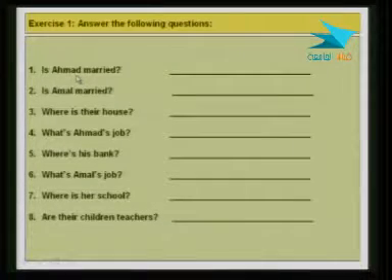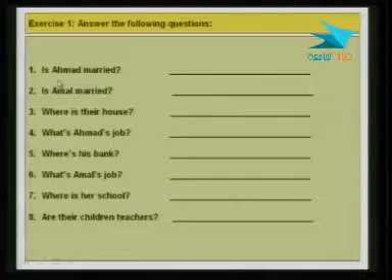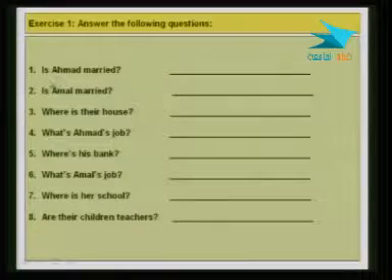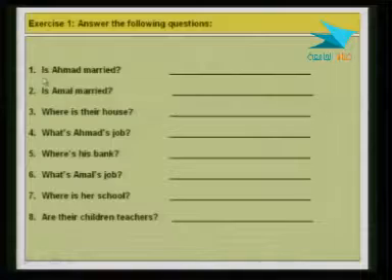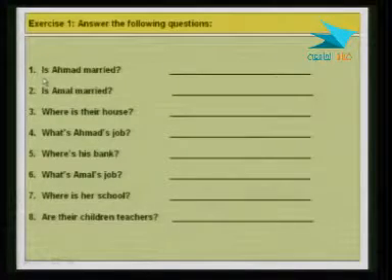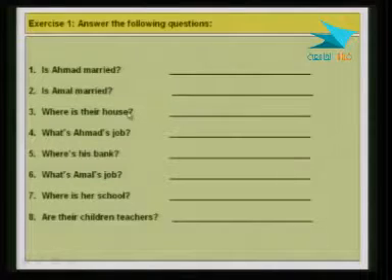And I'm asking you, is this question a yes/no question or an information question? Look at the beginning of the question. It starts with is. Is Ahmed married? And by the way, these questions are about the passage that we have read earlier.